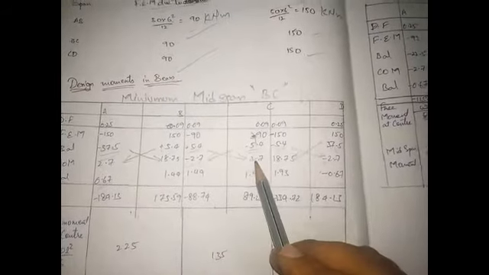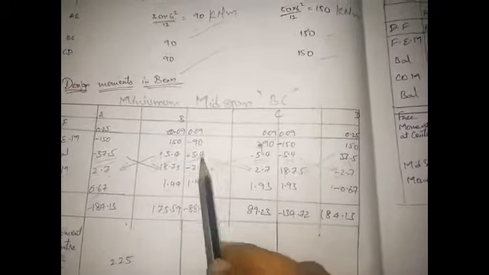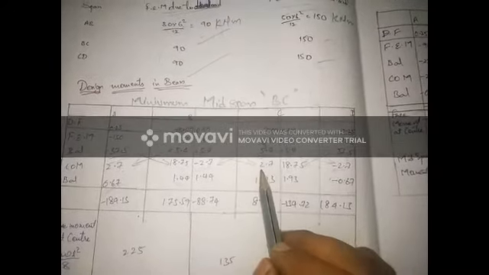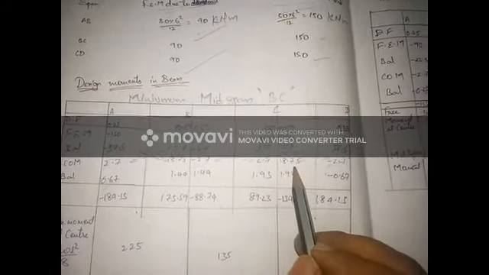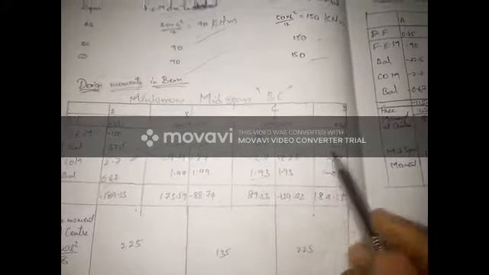Similarly, here you can note down that the values are positive in all the cases, so 2.7 plus 18.75 into 0.09 will give 1.93.